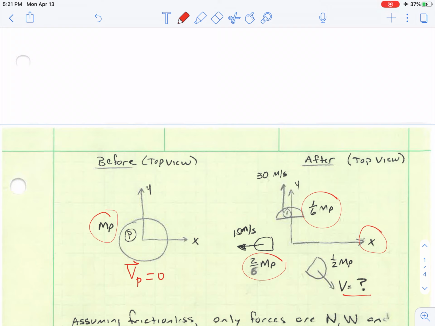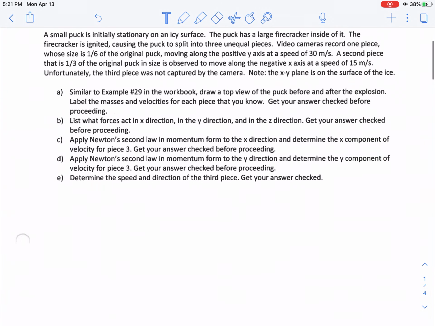So this is how we figure this mass out. When you add up all those masses, it should give you the total mass. And again, we show the masses, the directions, and the magnitudes of the velocities as well. We show our x and y directions, and we labeled the pieces in terms of the masses. So this is the complete figure.